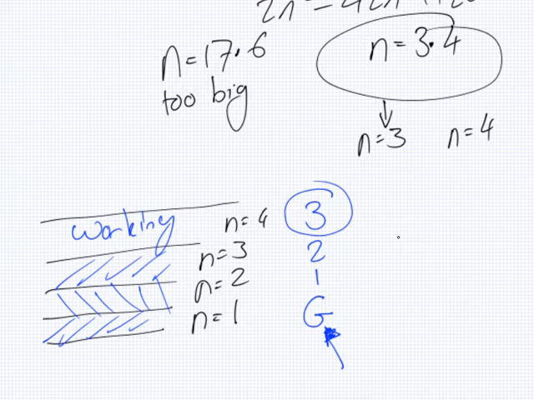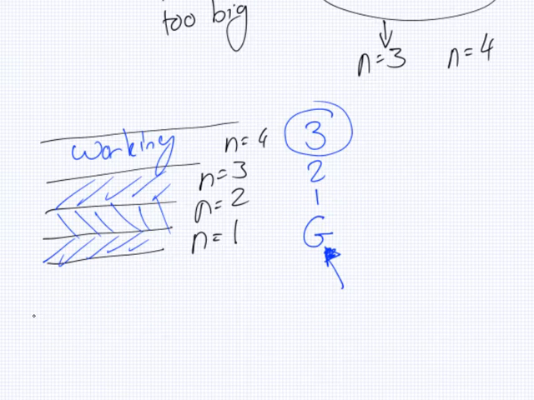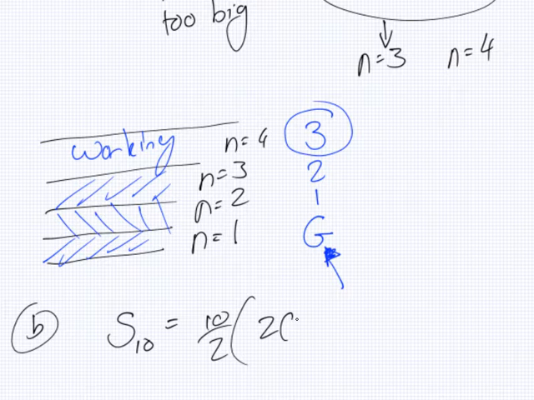I'll give you another one here. Oh, sorry, there's the B part. How long until it's finished? So for the B part, that's just calculating S10, isn't it? So that's n over 2, 2a, what was a, 20, was it? Plus n minus 1, and what was the d?